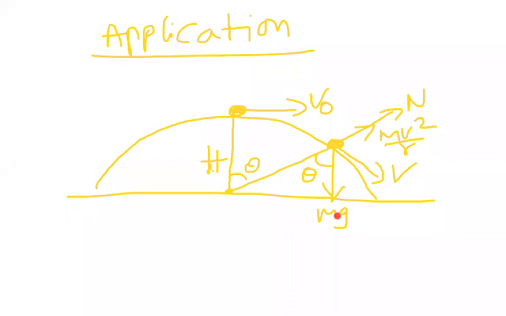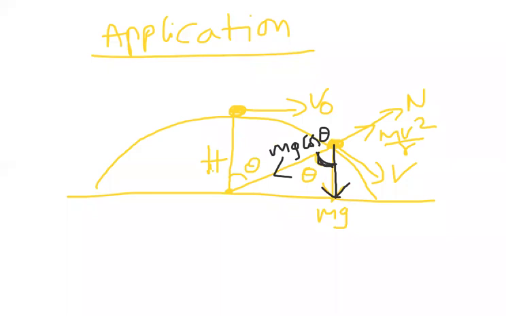Now we can resolve mg into components. As the angle made here is theta, this term will become mg cos theta. This is a simple way to remember: the line where the angle is made is always cos.